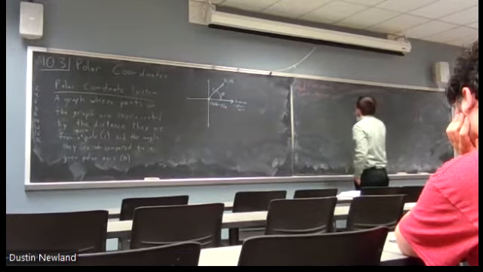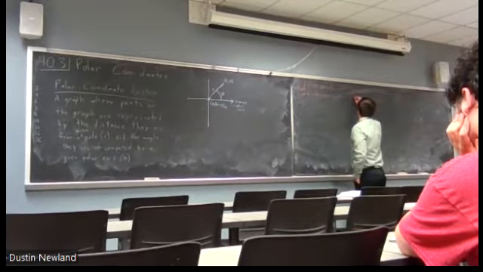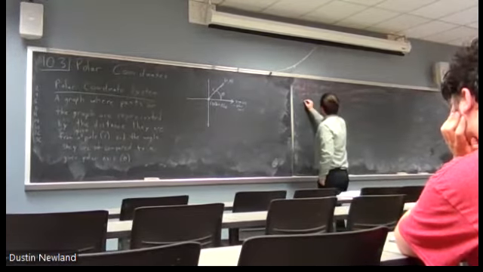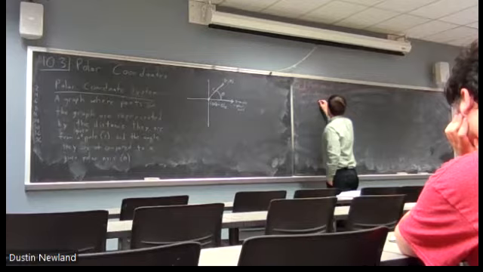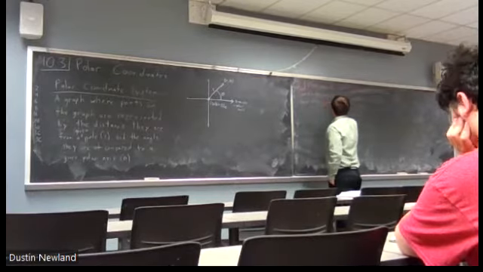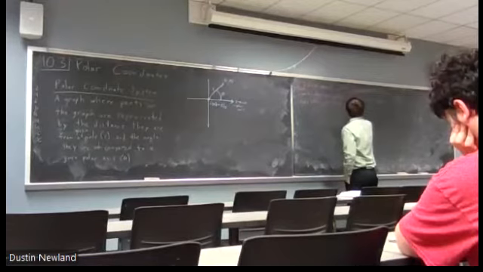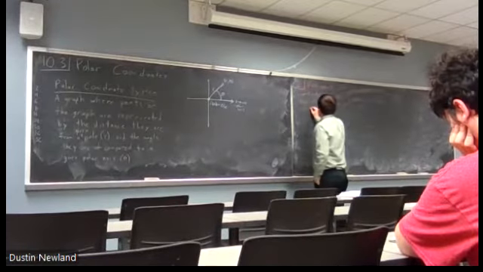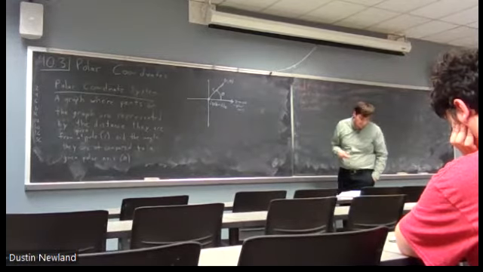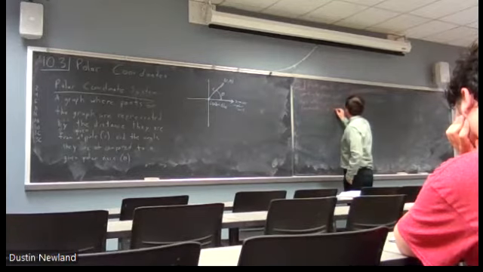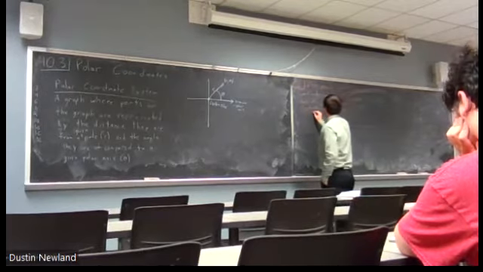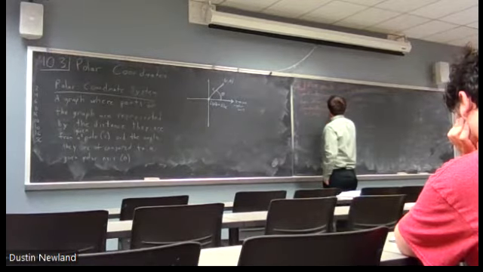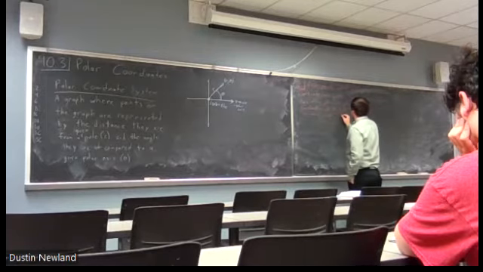In addition to this, we're also going to find two other pairs of polar coordinates of the same point, one with r greater than 0 and one with r less than 0.